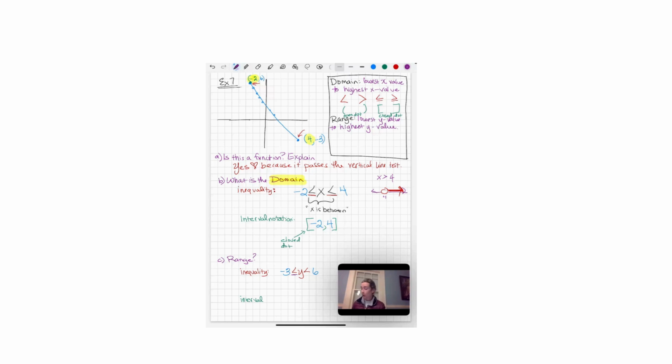Double check that you put your lowest y value first on the left and your highest y value on the right, even though it kind of feels flip-flopped from the picture. They always want the lowest on the left and the highest on the right.